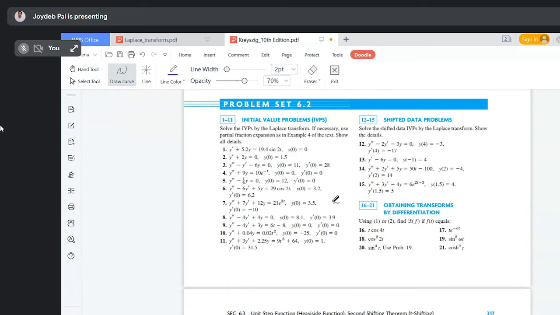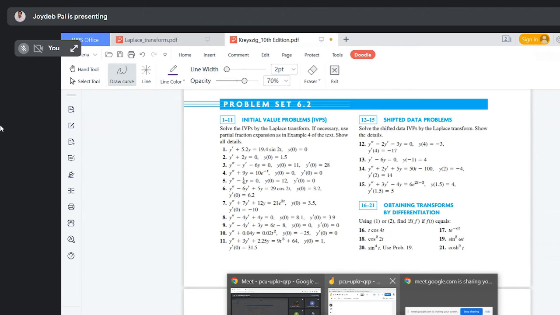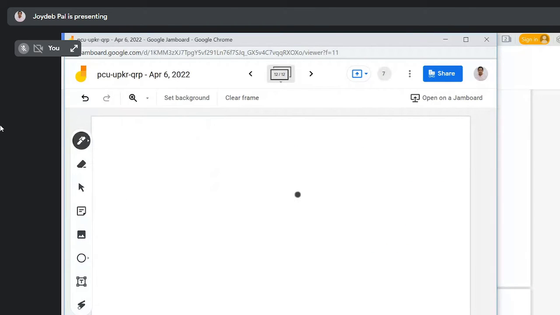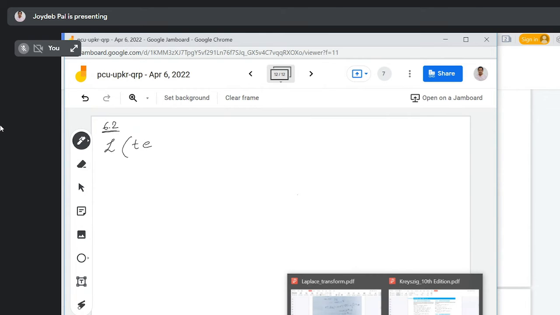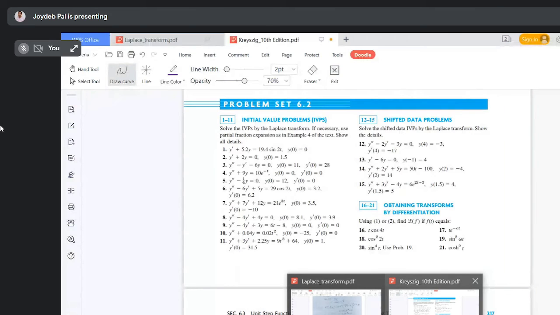Laplace transform of t e to the power at. Okay, that is a very simple one. You can apply the shifting theorem, isn't it? Laplace transform of t e to the power minus at.